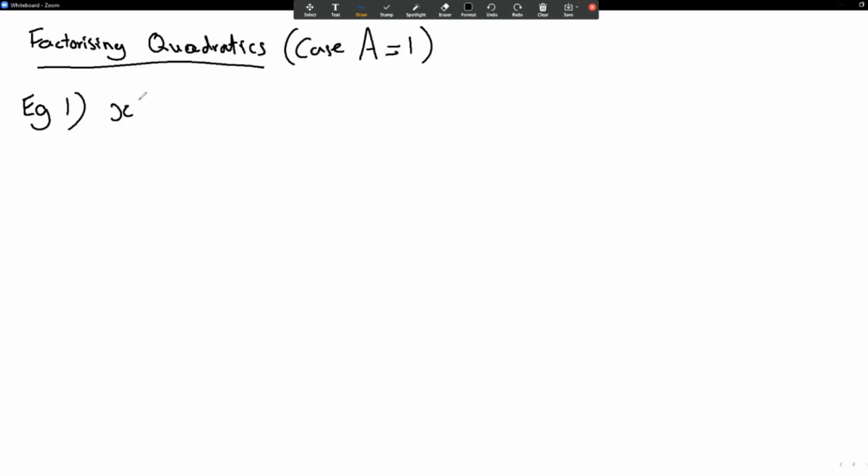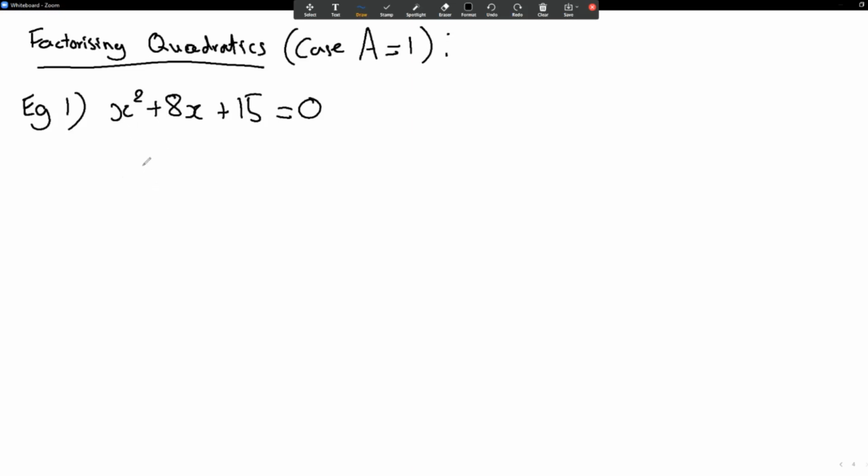So for example, if we have x squared plus 8x plus 15 equals 0, we can see it's in the right form because our c is 15, our b is 8, and our a is 1. And because our a is 1, we can use this method. So this is the first method.